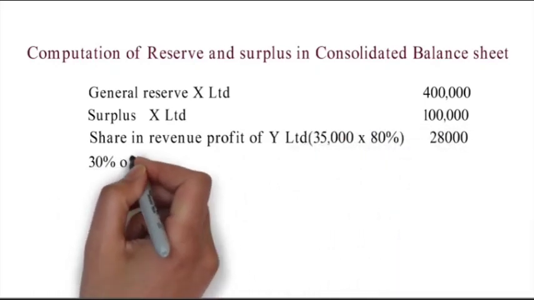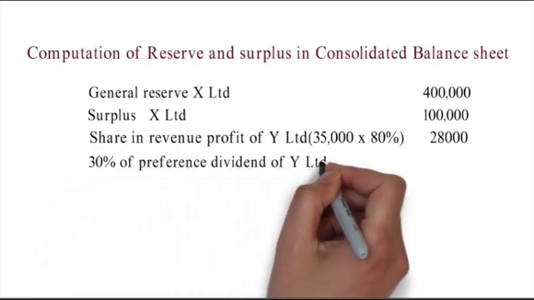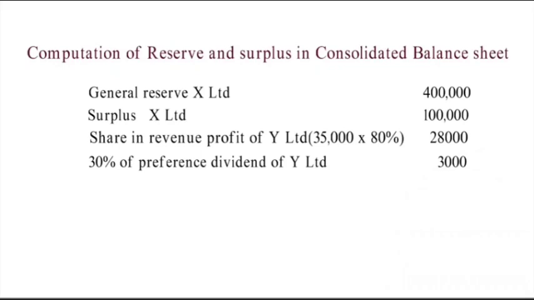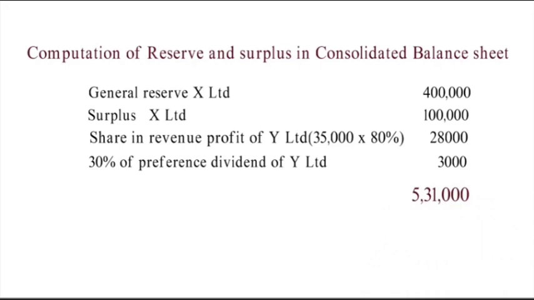Then 30% of preference dividend in Y Limited, 3,000. The total of all these: 4 lakh plus 1 lakh plus 28,000 plus 3,000, that comes to 5,31,000. That is the reserve and surplus we show in our consolidated balance sheet.